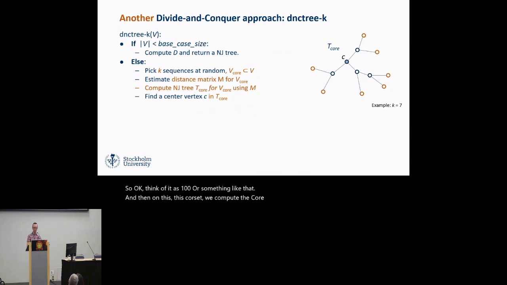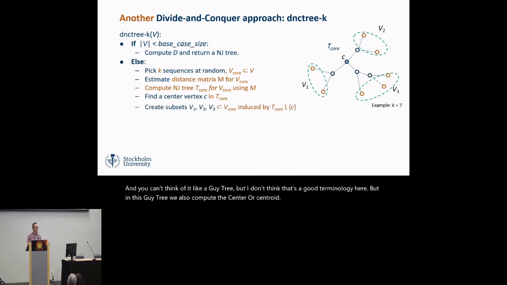And you can think of it like a guide tree, but I don't think that's a good terminology here. But in this guide tree, we also compute the center or centroid. And this center is going to define the subproblems or initialize the subproblems. So the core set of sequences is split up in these 3 subsets.